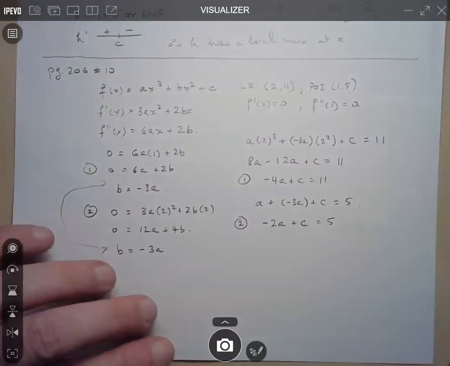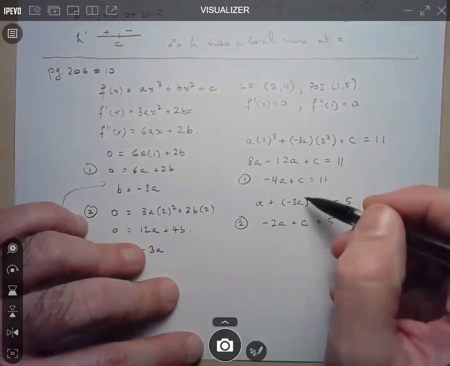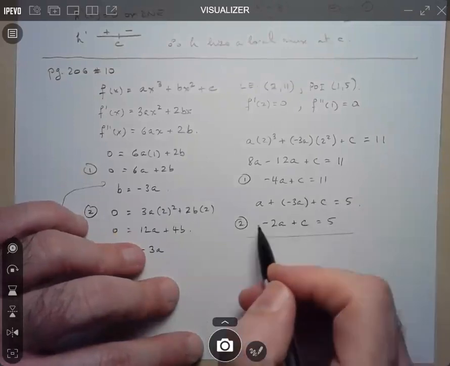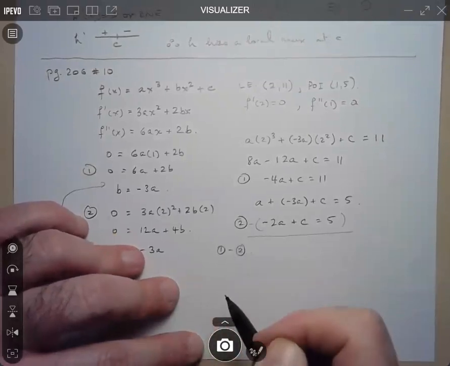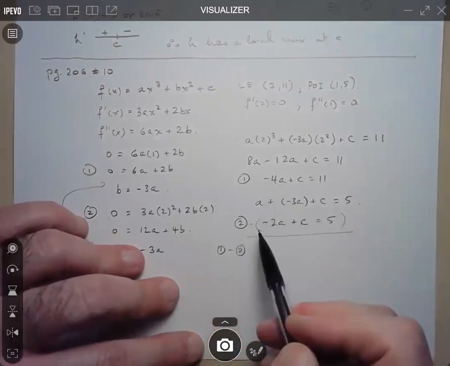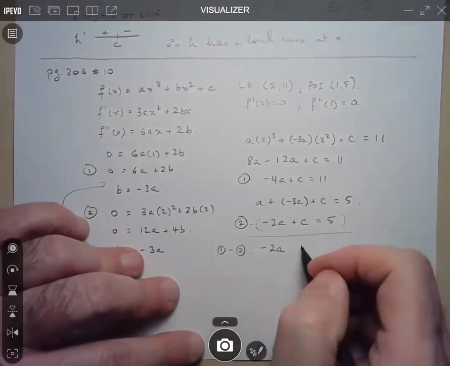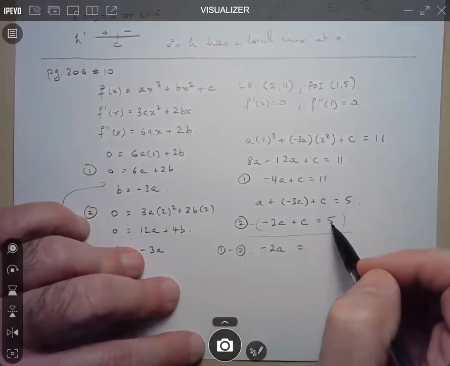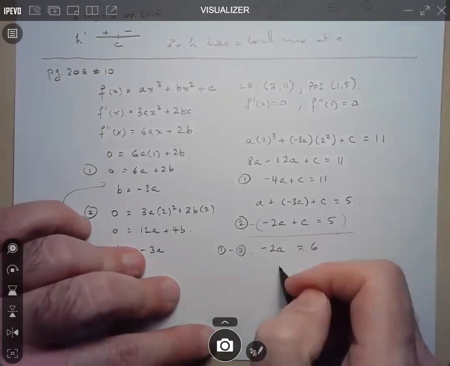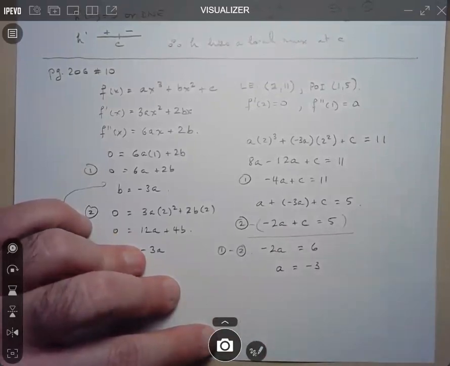Now I'm going to solve this using elimination since I've got the c's there. So I'm going to subtract 1 minus 2. What do we have? Negative 4 plus 2 is negative 2a. c minus c is 0. And then 11 minus 5 is 6. So it looks like a is going to be equal to negative 3.